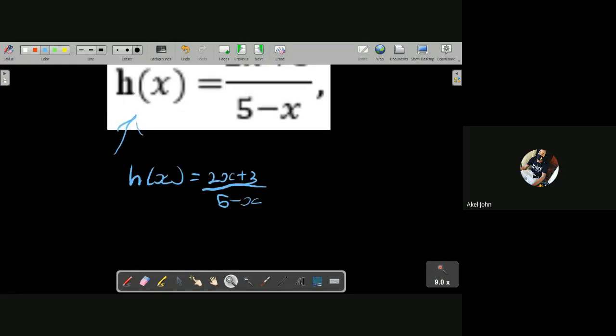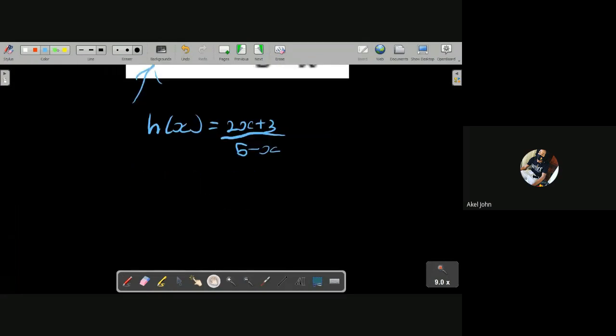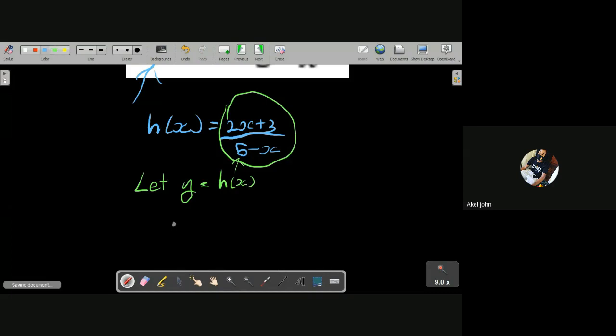And then you're saying let y equal, in this case, it's h of x. And remember, this here is h of x, right? So therefore, we put this in blue. y is equal to 2x plus 3 over 5 minus x.